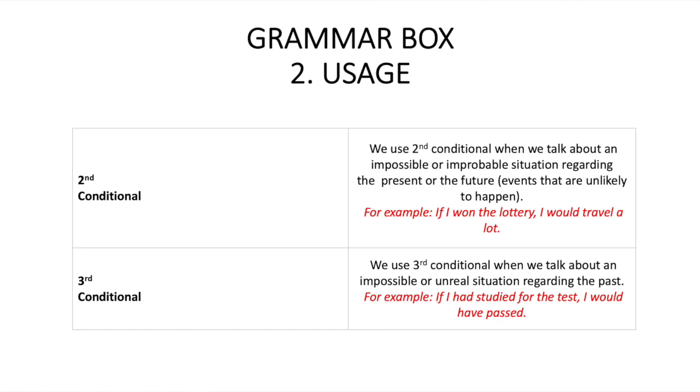So with second conditional, we talk about an impossible or improbable situation in the present or future. But with third conditional, we talk about an improbable or impossible situation in the past. Let me give you an example.